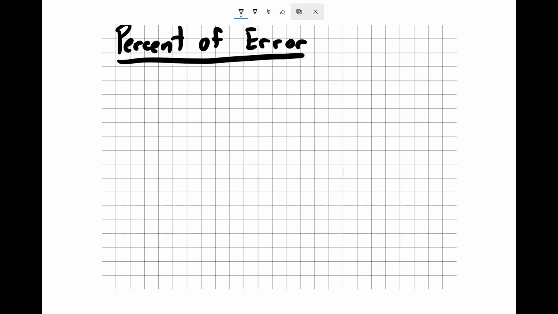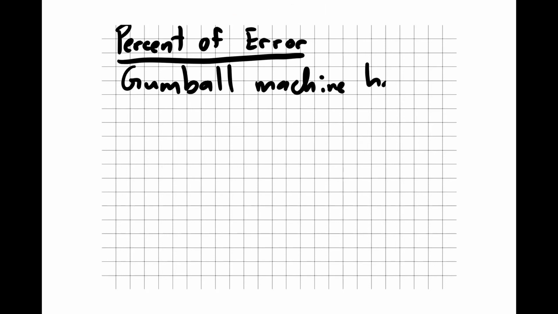So for example, let's say you're walking down the mall again, because you love the mall, and you see a classic gumball machine. And you get curious and you predict that this gumball machine can hold, let's say 300.